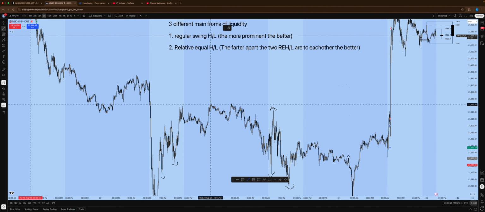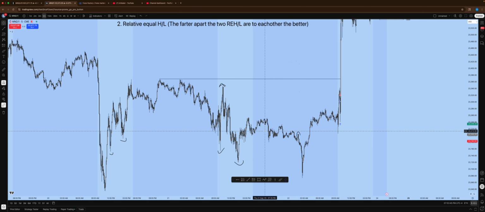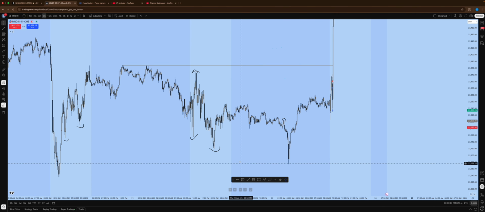So for example, right here, you can see that this was a really good form of liquidity. These points aren't exactly touching, but they're still a very good form of liquidity because there's going to be a lot of sell stops resting above here. Or even on a lower time frame, like down here.